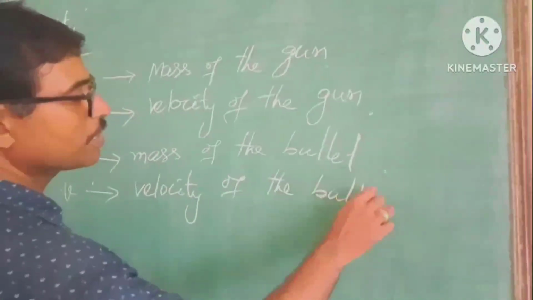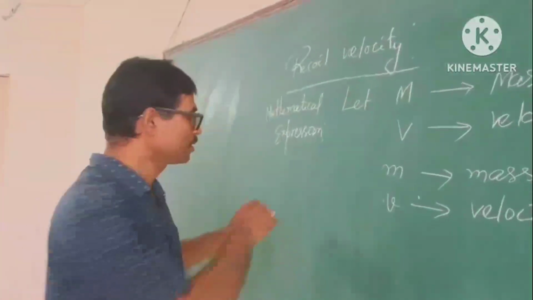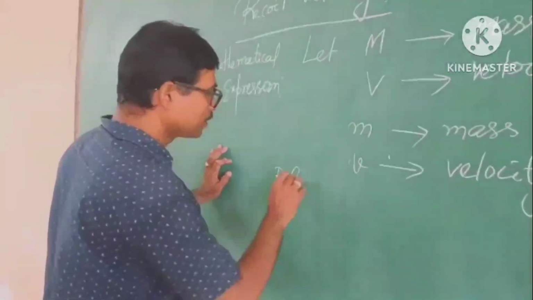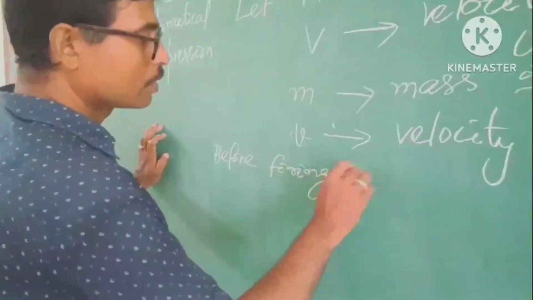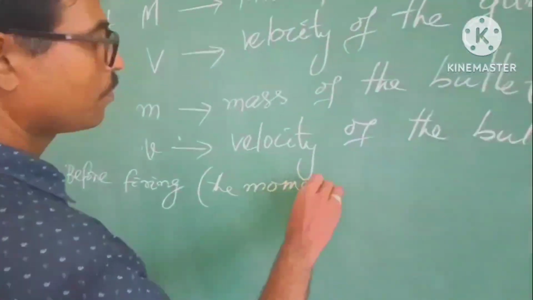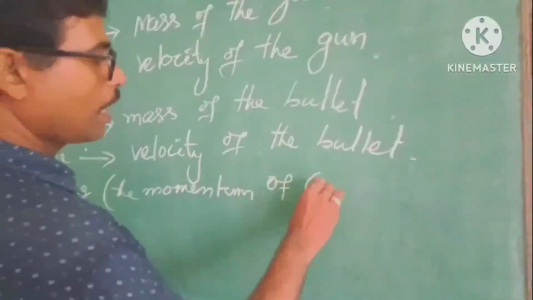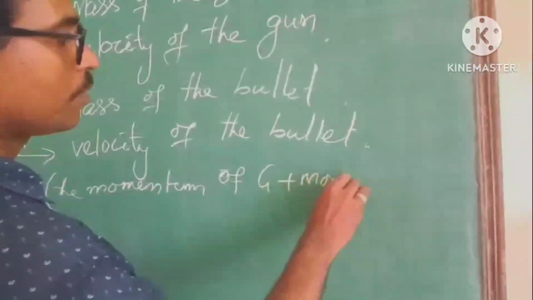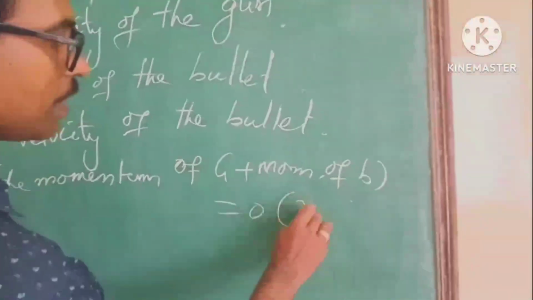You can consider this as one system. So before firing, the momentum of the gun and the momentum of the bullet are 0 because they are at rest.